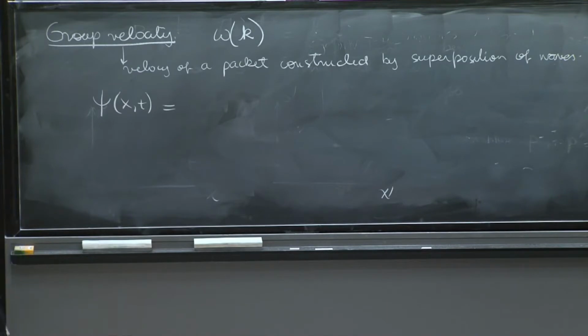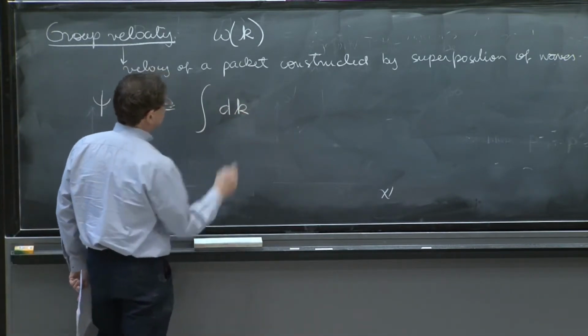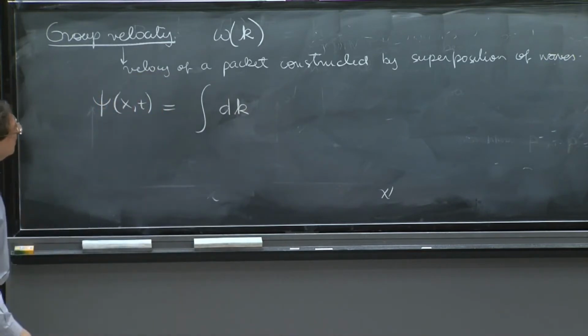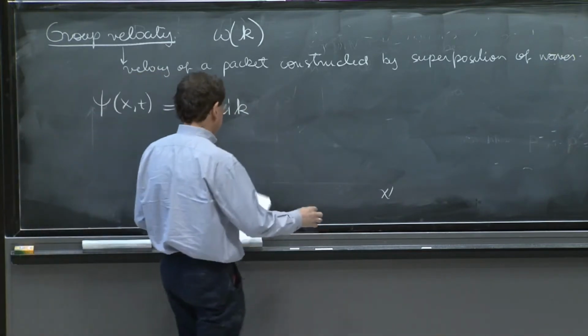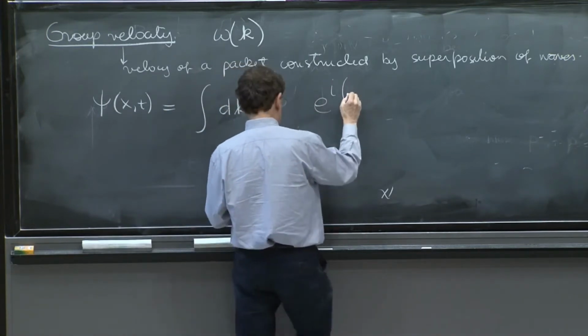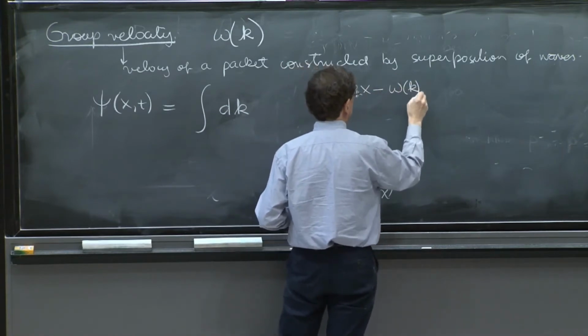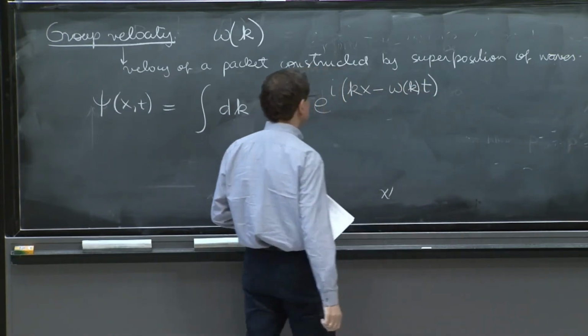And superposition means integrals, summing over waves of different values of k. Each wave, I will construct it in a simple way with exponentials, e to the i (kx minus omega of k t).